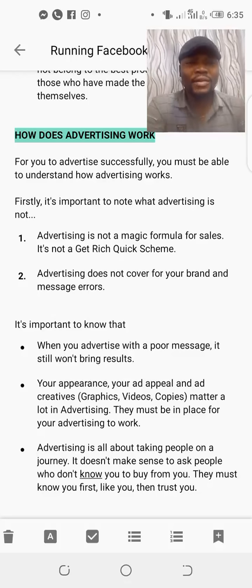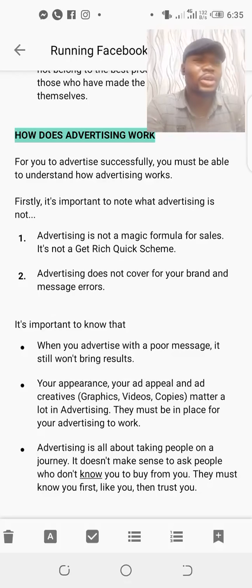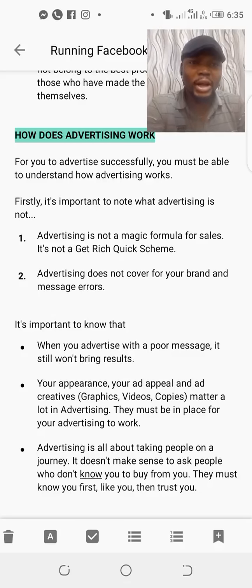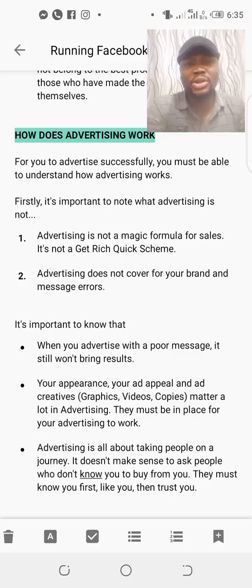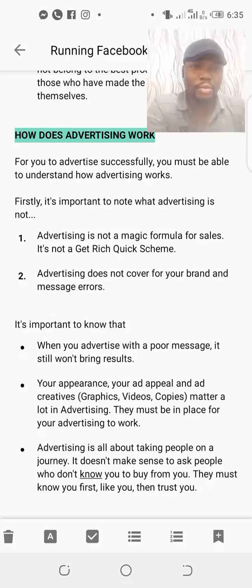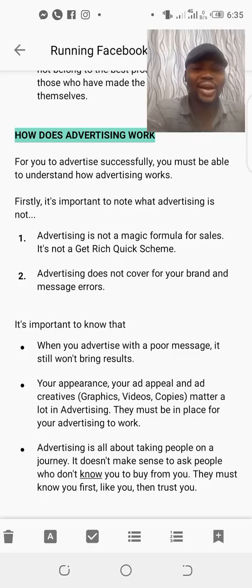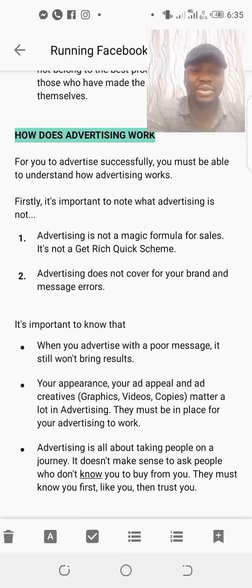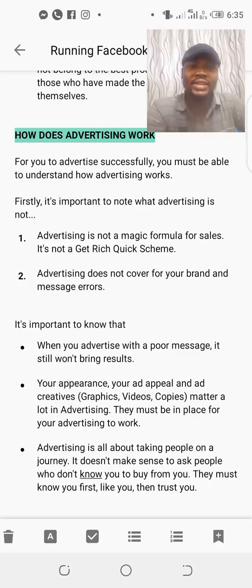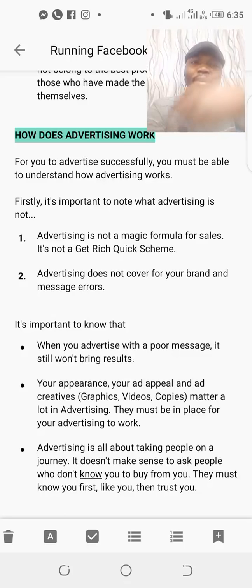When you advertise a brand that is not quality enough, and people by chance get to buy your products and services, you only kill your brand faster because many people now know that your business sucks. So when you advertise with a poor message, it still will not bring any results. It's not really about the advertising itself, it's more about the message.